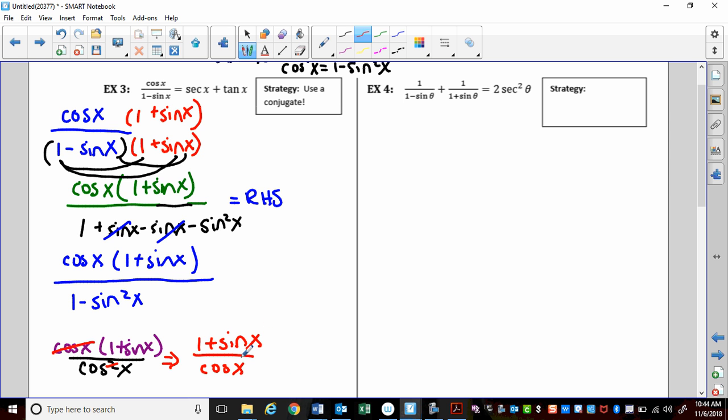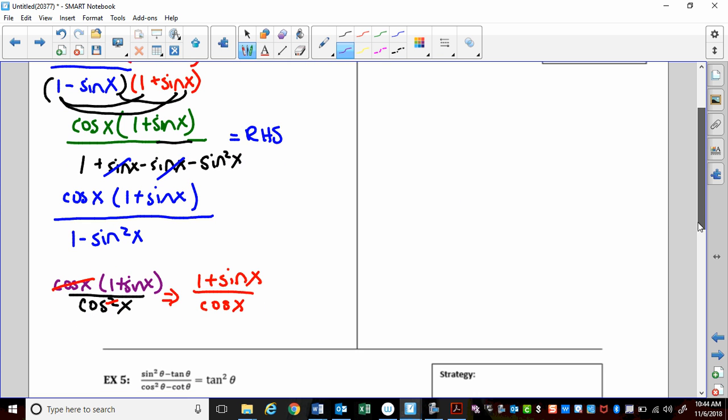And what's really nice is we can always separate the numerator, not the denominator, but we can separate the numerator. So this is the same as 1 over cosine plus sine over cosine.